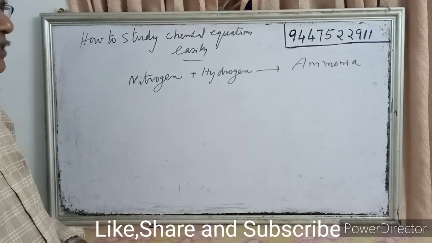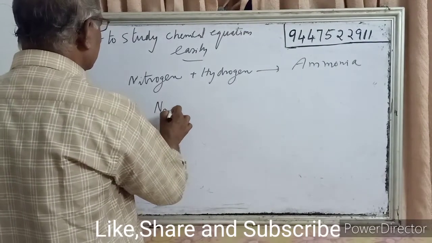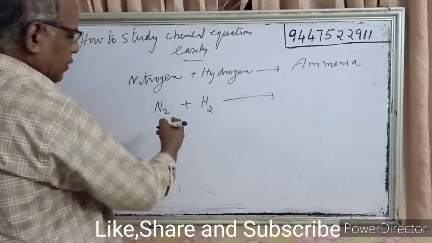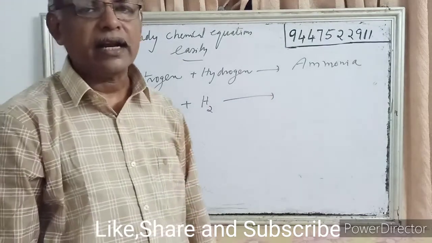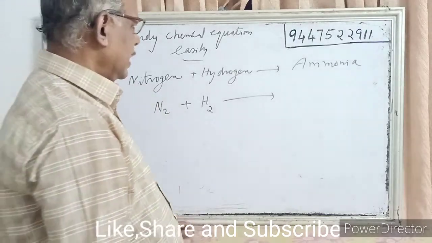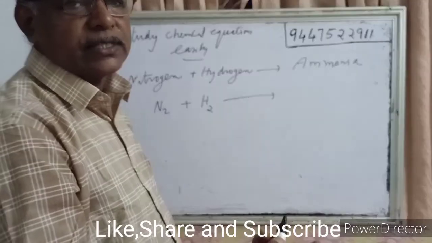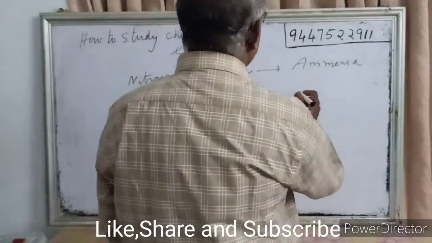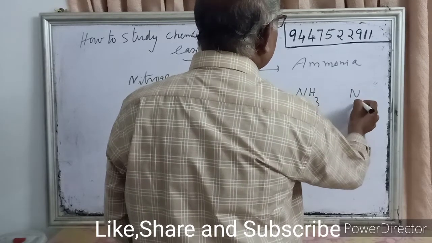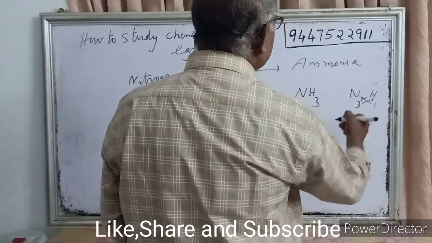In the chemical equation, using formulas, nitrogen is N2 and hydrogen is H2. Why? Because nitrogen and hydrogen are diatomic molecules; one molecule contains two atoms. And for ammonia, you know nitrogen valency is 3 and hydrogen valency is 1. So on cross multiplying, you get NH3.